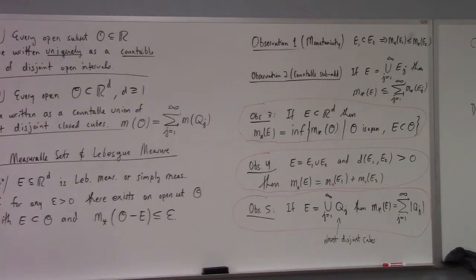He says this should be compared to observation 3, which holds for all sets E. I think what he's saying is that the definition is motivated by observation 3 in some sense.